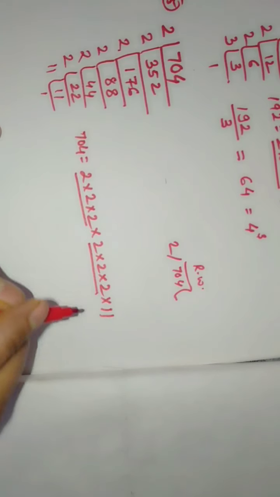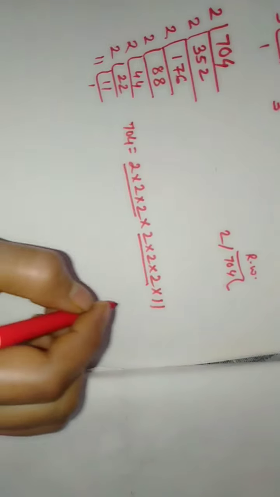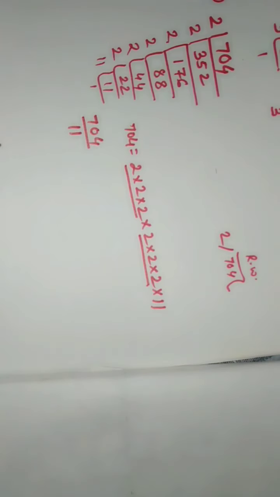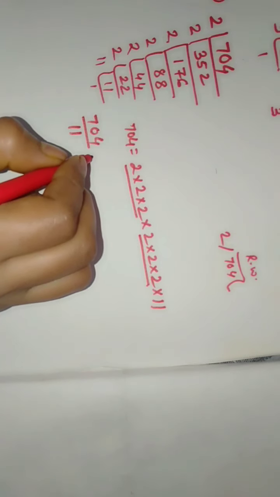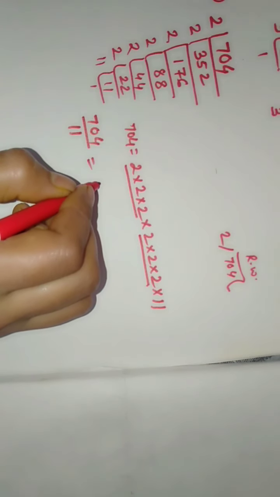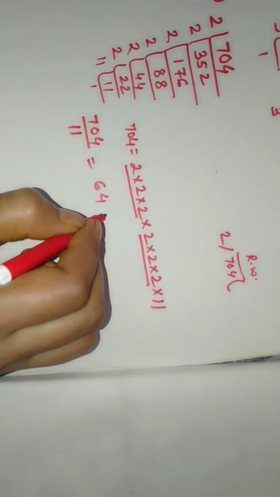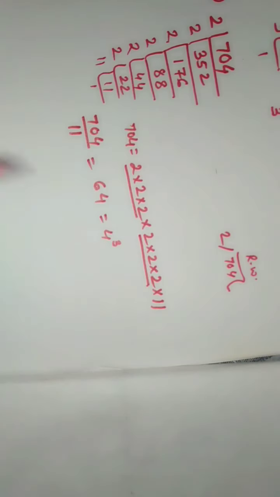What we can see is that 11 is left over, so we have to divide 704 by 11, and then we'll be getting 64, and 64 is a cube of 4.